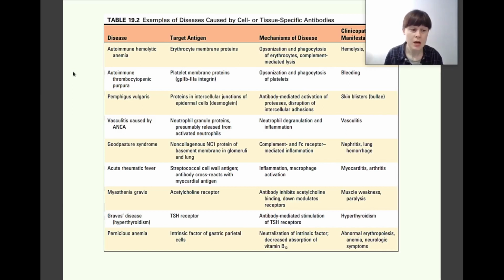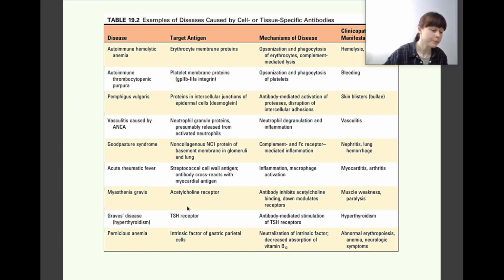All these result from the production of autoantibodies, self-antibodies, against membrane antigens of erythrocytes. And for example, antibodies specific for the nicotinic acetylcholine receptors cause functional abnormalities that lead to myasthenia gravis. In this case, antibodies down-modulate receptors, and because of this we have these specific disorders that can lead to paralysis and muscle weakness.